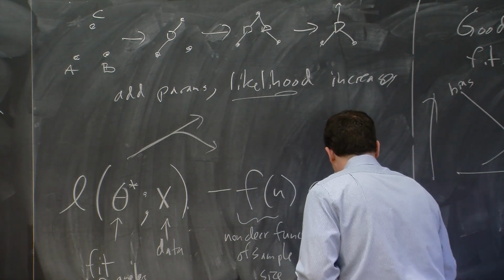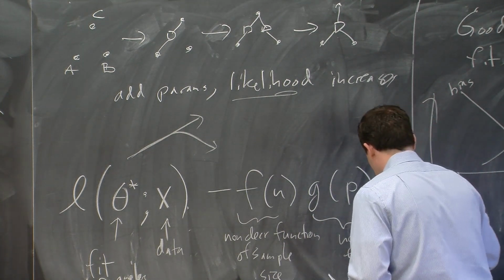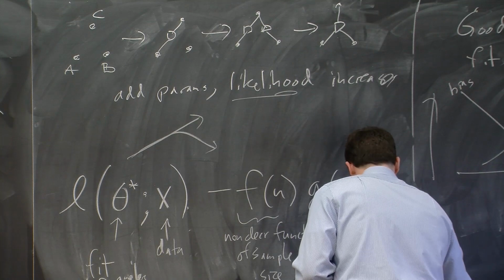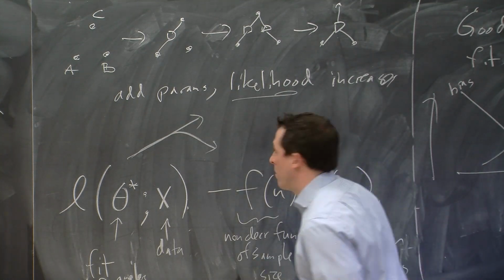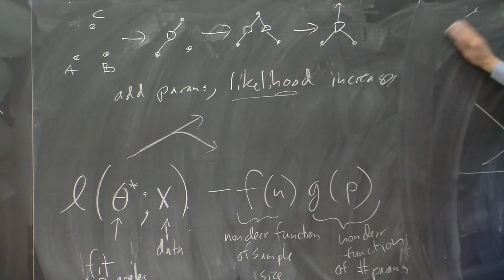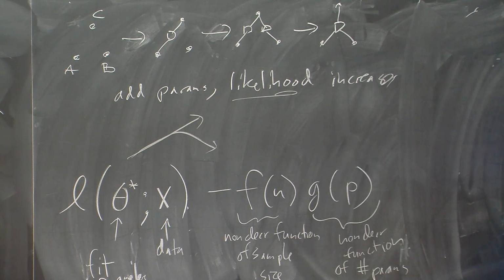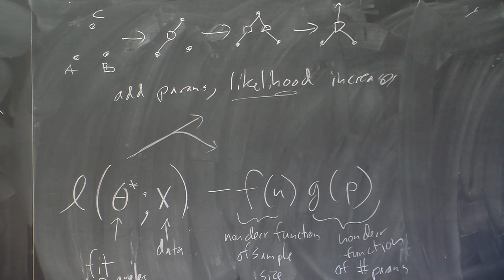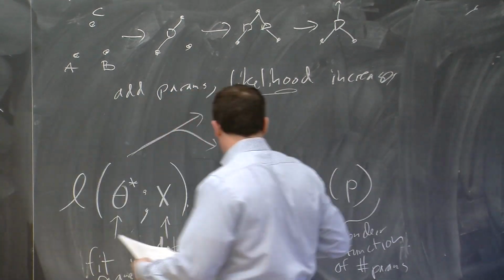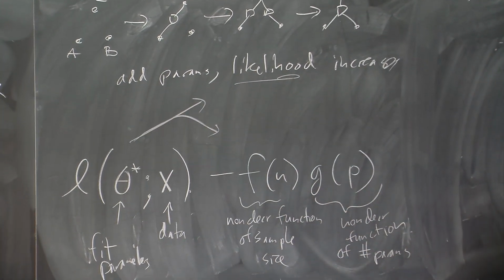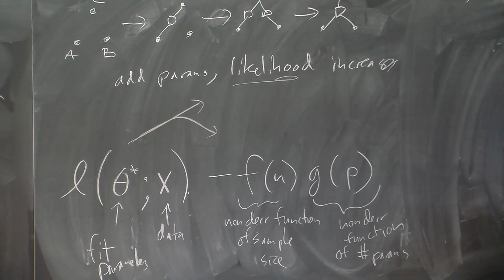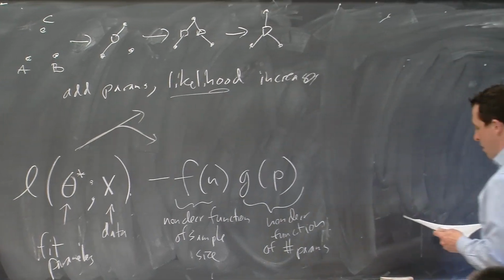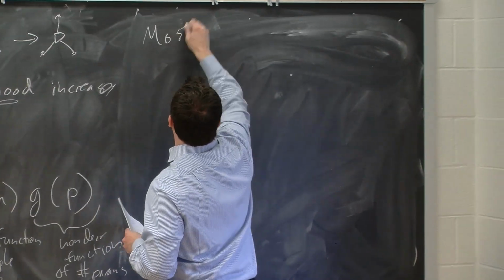Of course, there are more complicated ways of doing this, but this leads to some good ideas. So this function now will go up by likelihood and will go down by complexity. And so we'll automatically choose a trade-off point, a model which optimizes this total.